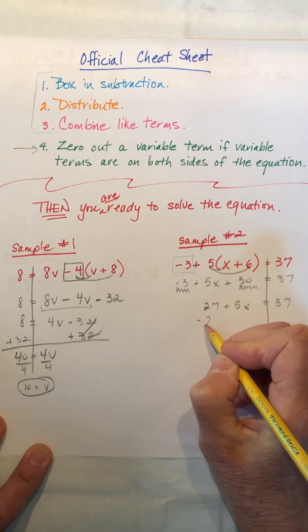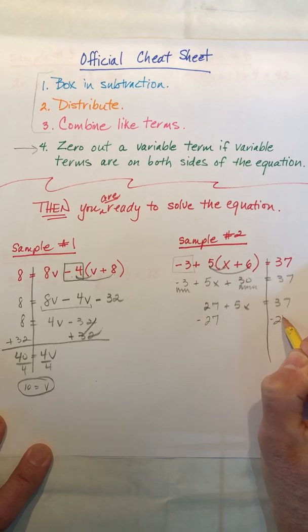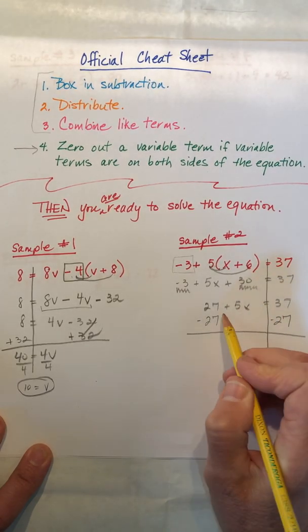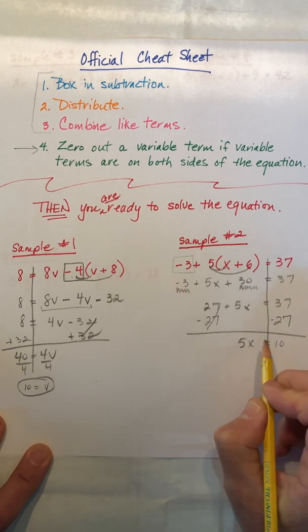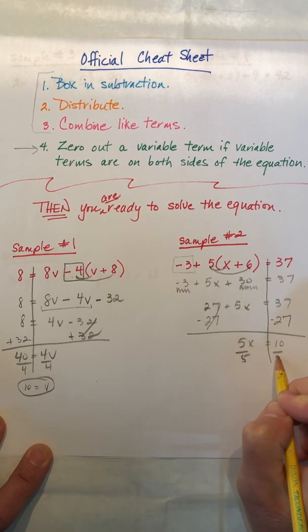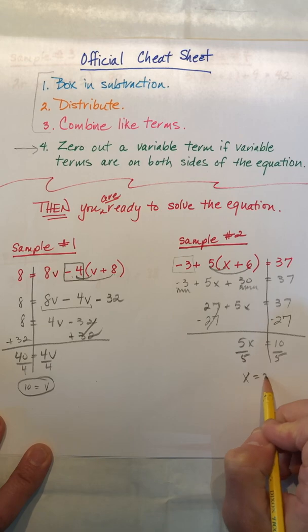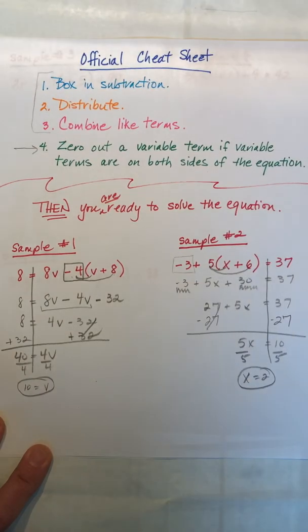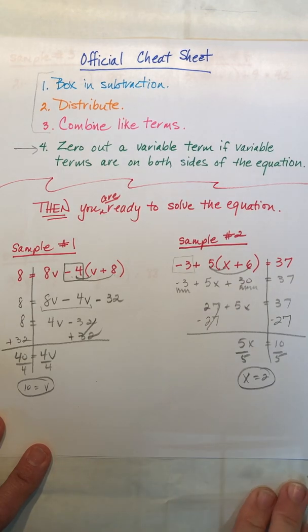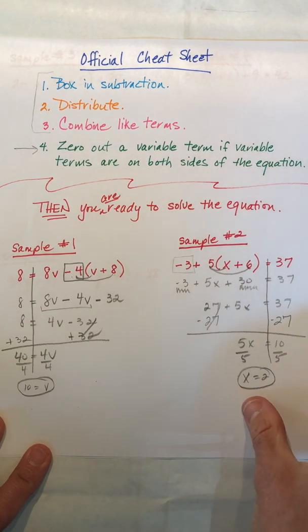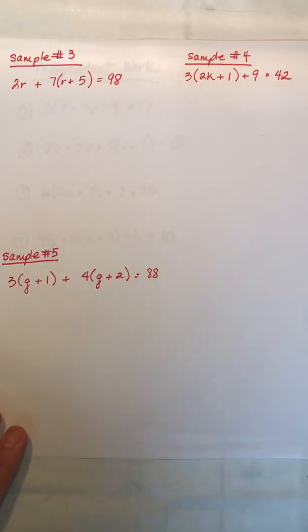So I am subtracting 27 from both sides. 5x equals 10. Dividing both sides by 5. And x is 2. So there are 2 samples. If you need to pause or back up in the video to catch up with me, go right ahead, take your time. And we'll take a look at the remaining 3 samples that we have.